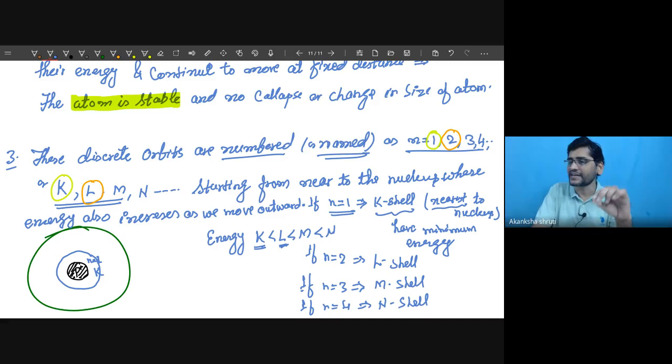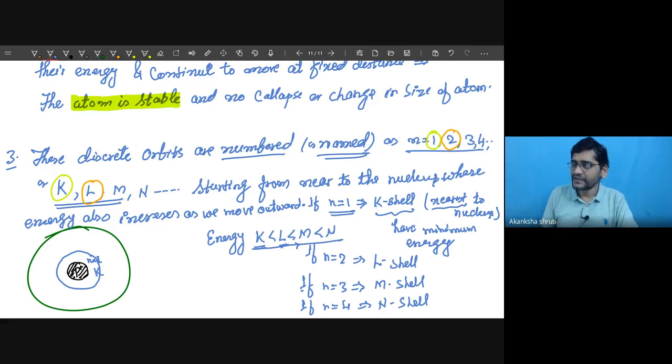Whatever electron is present in the K shell possesses kinetic energy as well as potential energy, so the total energy is always fixed. Similarly, an electron present in the L shell also has fixed energy, which is higher than that of an electron in the K shell. So this is the order of their energy, and it is also fixed.